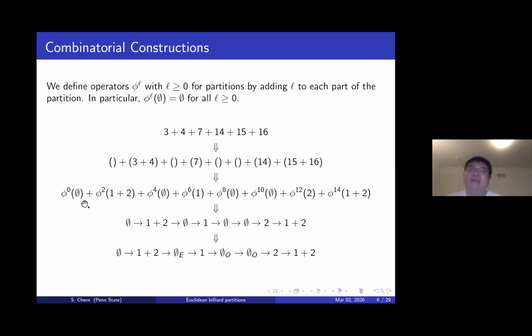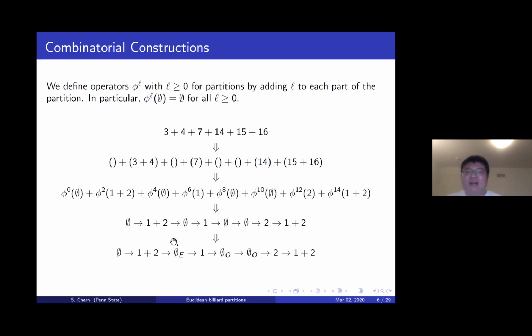So in other words, we can decompose this partition in this way. And then we can take out these partitions as a chain. So we have empty partition, and then 1 plus 2, empty partition, 1, empty partition, 2, and then 1 plus 2. Here the first one is the empty partition, but we just don't care about it.